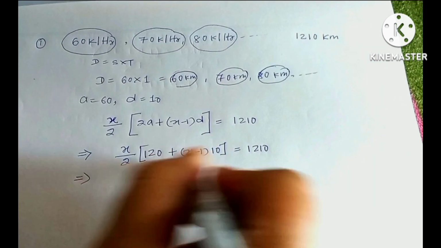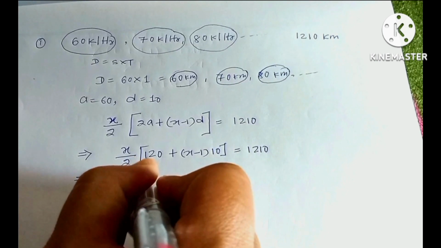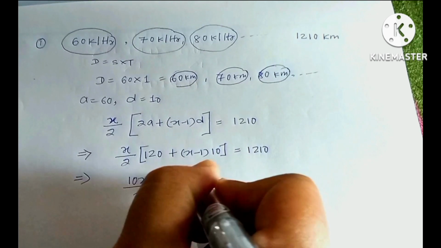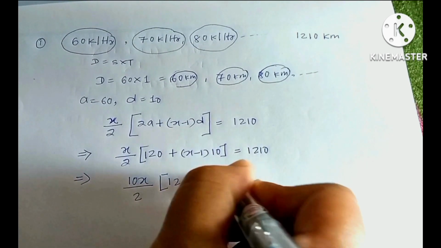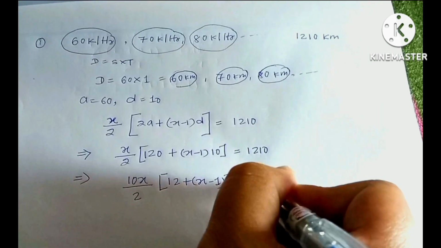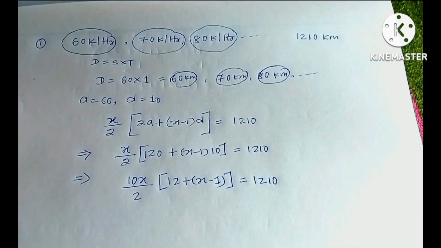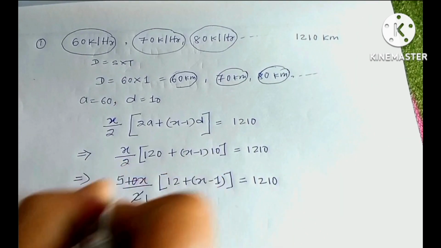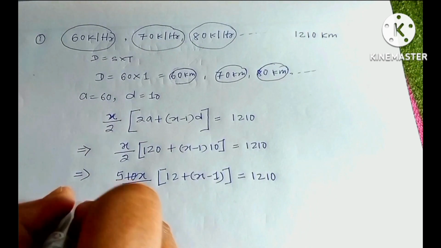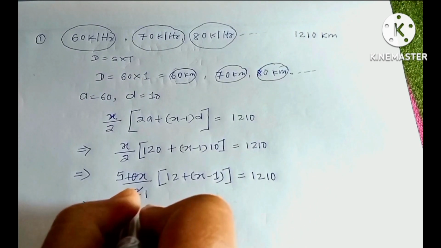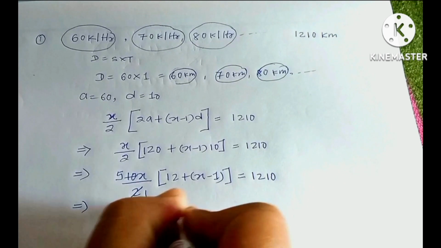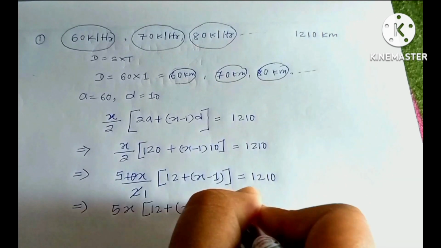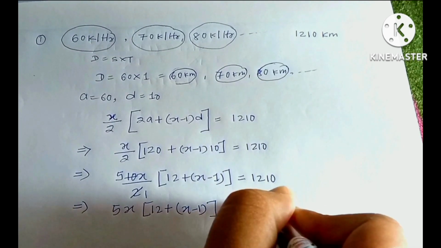From these two terms we can take out 10 as common, so it becomes 10x upon 2, and within the bracket there is 12 plus x minus 1. In the right hand side, 1210. So we can cancel: 2 1s are 2, 2 5s are 10. So it becomes 5 into x times 12 plus x minus 1 is equal to 1210.